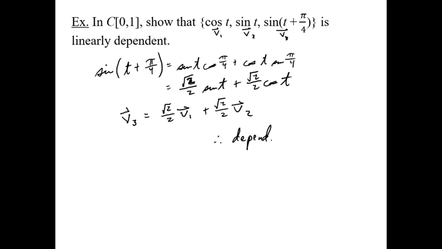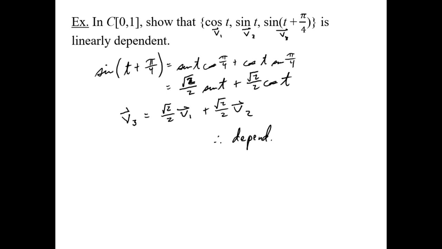So the question now becomes this. What if we have a set of vectors, whether they're dependent or independent, it doesn't really matter. Now, we know that the span of any set of vectors is a subspace.